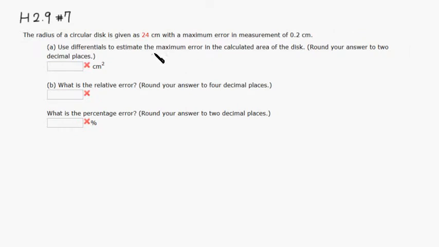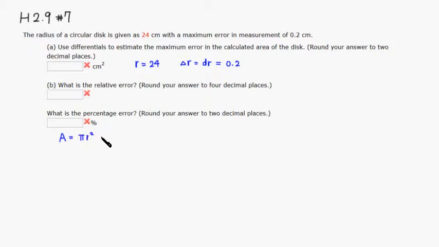So r is given to be 24. Then you have delta r, which is the same thing as dr, given to be 0.2. Then the area formula is A equals pi r squared.